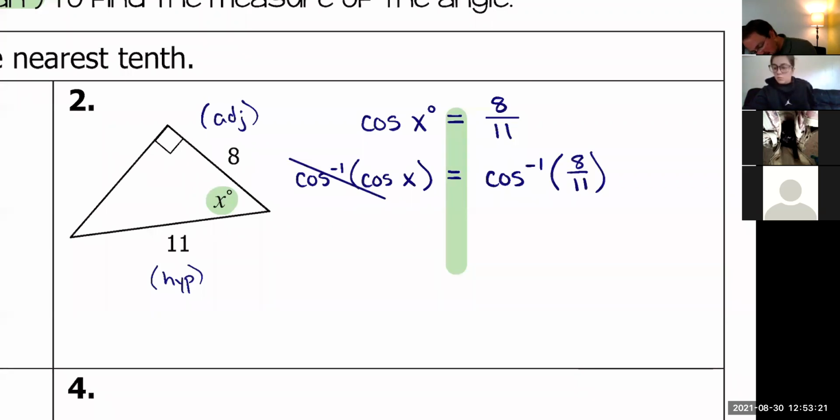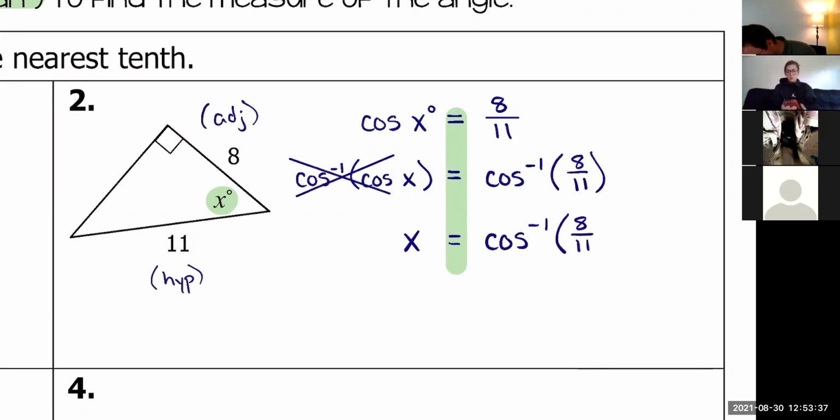On the left, nothing too exciting there, except that the inverse cosine and the regular cosine eliminate each other, leaving me with x. On the right-hand side, this is where we say, okay, calculator, help me out. I need to know the inverse cosine of 8/11.